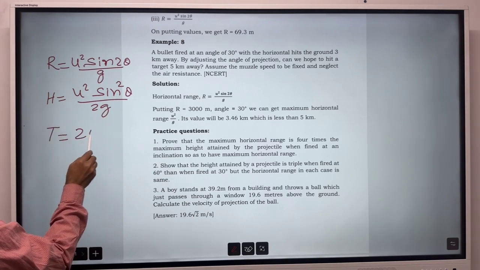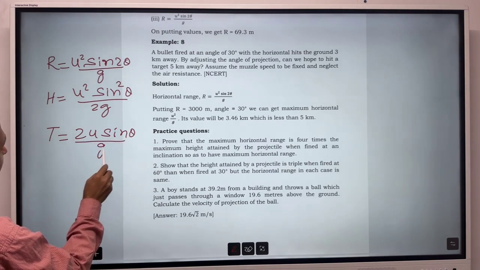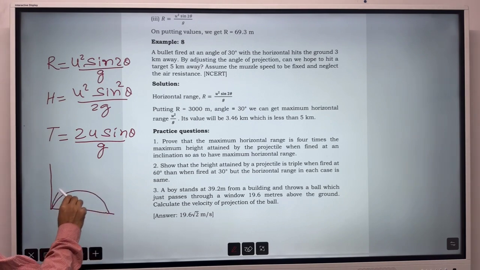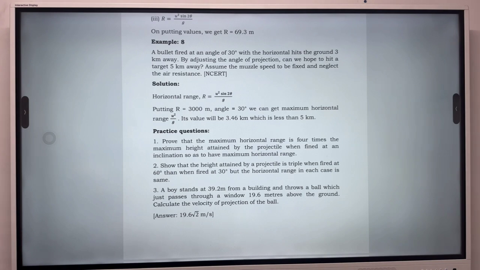Time of flight is 2u sine theta divided by g. And also we have studied that for two angles of projection, the horizontal range is the same, whether the angle is theta or 90 minus theta. So on the basis of these concepts, we are going to solve some numericals.